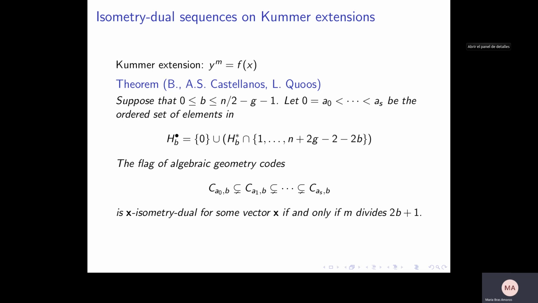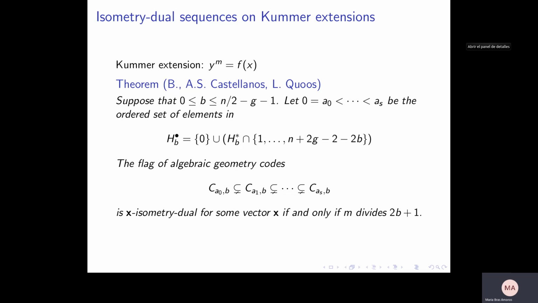For a given b, which is bounded between 0 and n halves minus g minus 1, we consider the set of indices A0 up to AS as the set of elements in the set that contains HB star intersection 1 up to n plus twice the genus minus 2b together with 0.